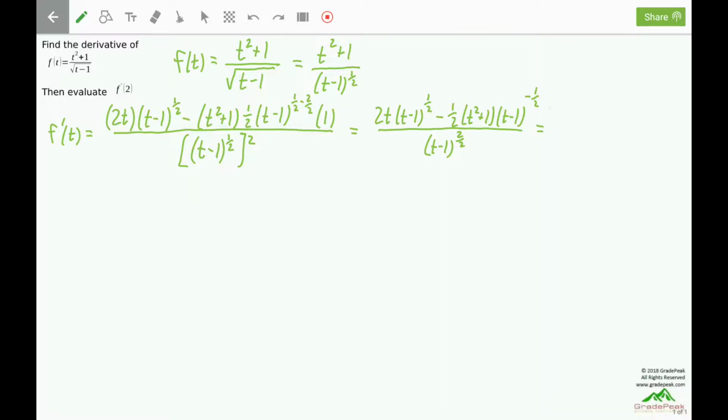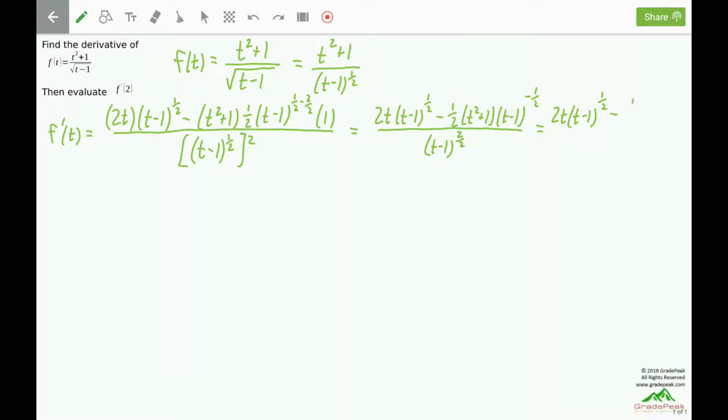Now back in the numerator, we have a 2t times a t minus 1 to the 1/2. The second term has a negative exponent. It's right here. Now that can move to the denominator. There's already a 2 in the denominator in the 1/2 right there. It'll move down there with the 2. The numerator will be left with a 1 and a t squared plus 1, which is just a t squared plus 1.